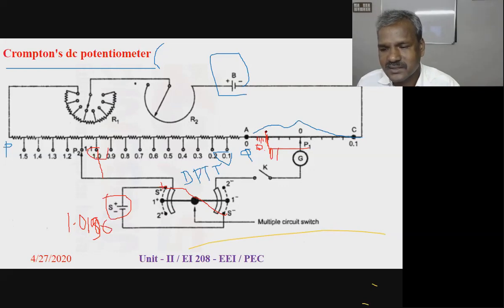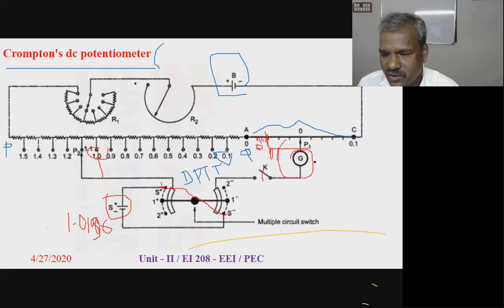Once you place these two positions P1 and P2, you close the key. Close the key, check the galvanometer reading, whether it shows zero deflection or not. It definitely is not possible. So check the galvanometer reading.